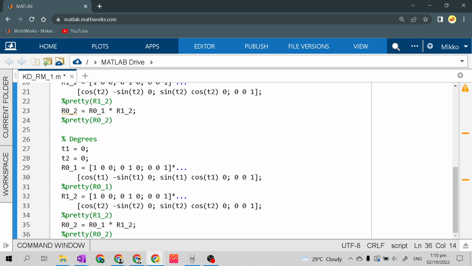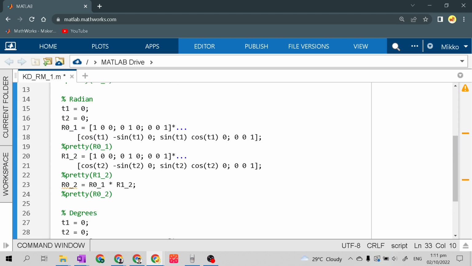Because the unit in this section is degrees, we will add the letter D to the trigonometric functions, because the default of Matlab is radian. To have a degree unit, we must add the letter D to each trig function. So what will happen here?